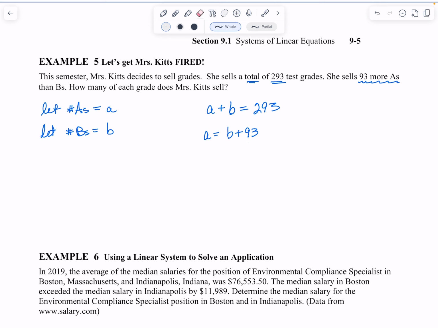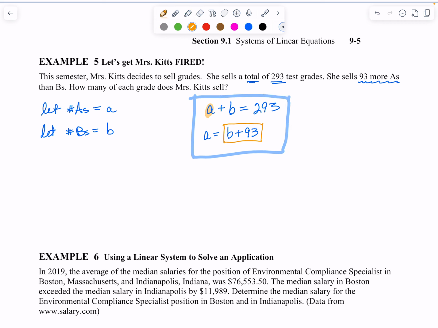So now I need to solve this system. That's my system of equations. Notice that I have my A all by itself. So since it's all by itself, I've already done the first step of solving by substitution. So I'm going to put this in for my A, right? So this is my system, and now I'm going to solve it.